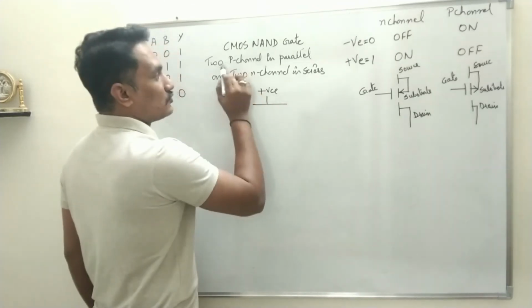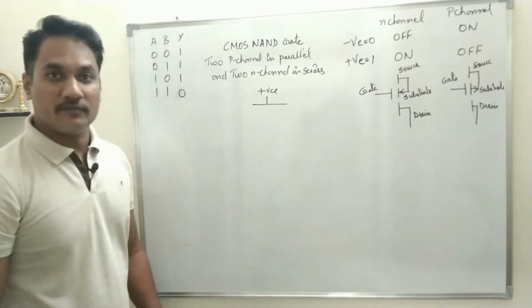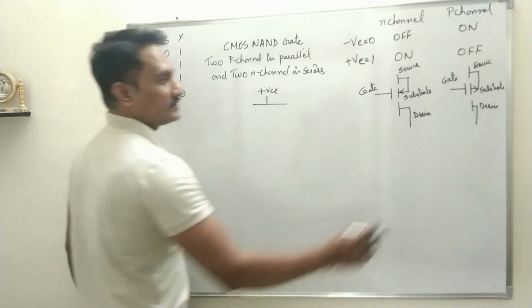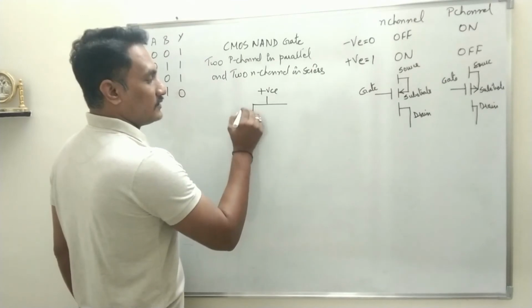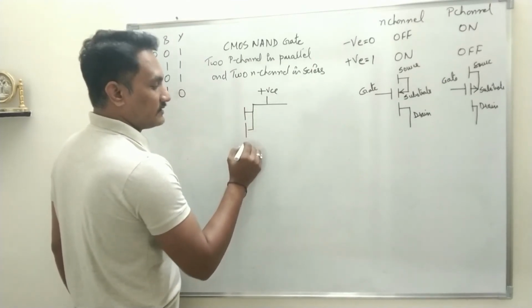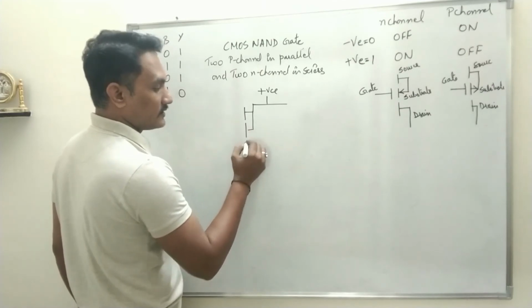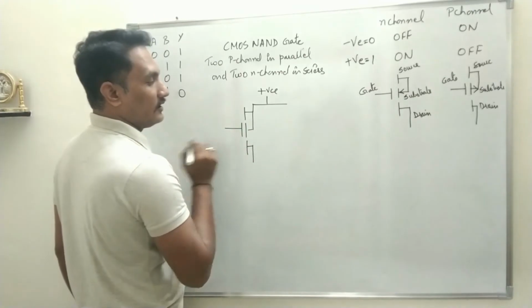Now as 2 P channel are in parallel, we have to bifurcate the terminal into 2 terminals. What is the symbolic representation of a P channel? Source is internally connected to substrate, below the substrate we write drain, and in front of the substrate we draw the gate.